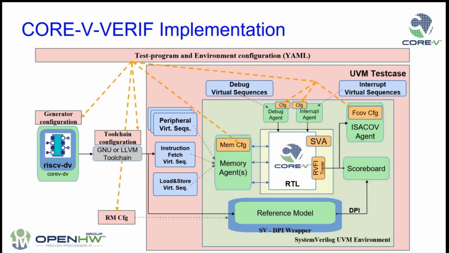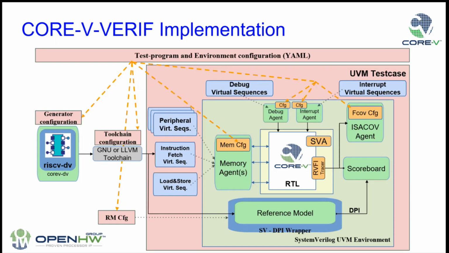The machine code is executed on the reference model and on the core at the same time. As each instruction is retired, the scoreboard checks the architectural state of the core and of the reference model. If they're not the same, that's an error. You get enough errors and the test case fails.